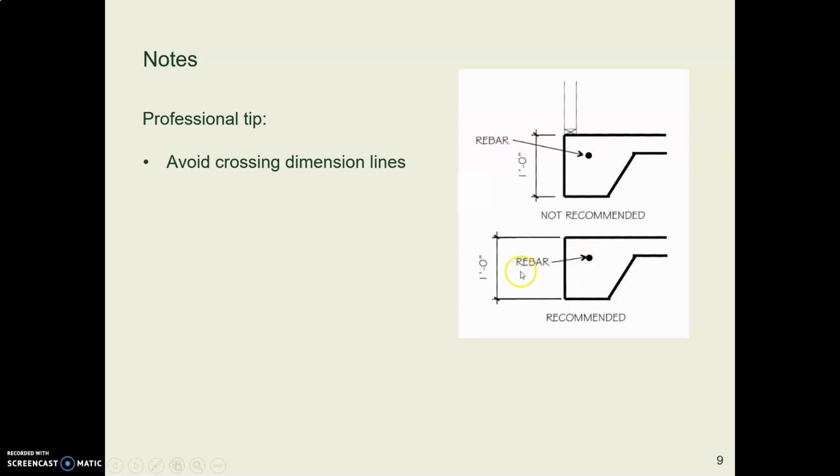One way to get around that is to take your dimension and pull it out farther away from the object. That carves out some space inside where you can put your note. And by the way, it is okay for your leader line to cross over the extension line, and oftentimes you have to do that. We just avoid crossing the dimension line.